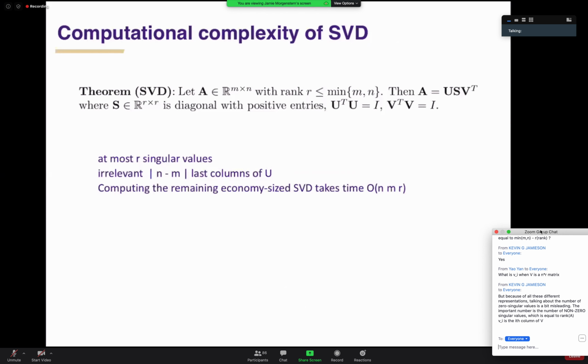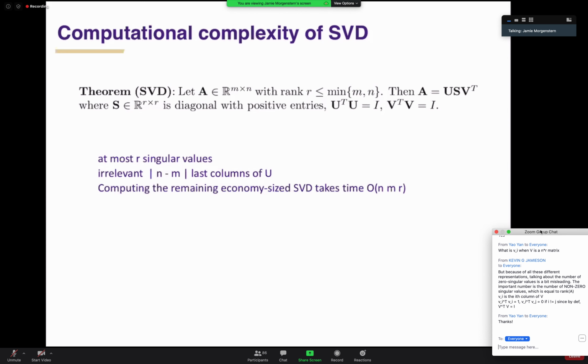So what that means is, if we want to use the SVD to do PCA, once we've done the SVD, we already have the top R eigenvectors of X transpose X, and of the covariance matrix. I'm flipping back and forth, I apologize.